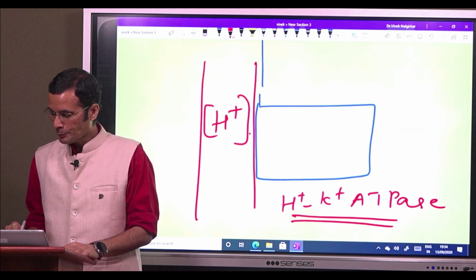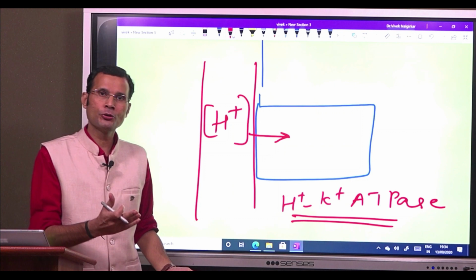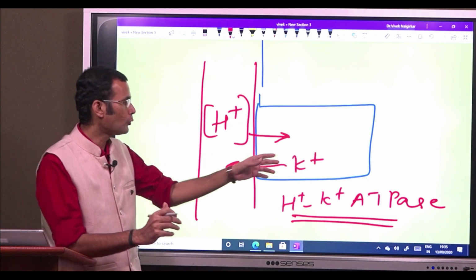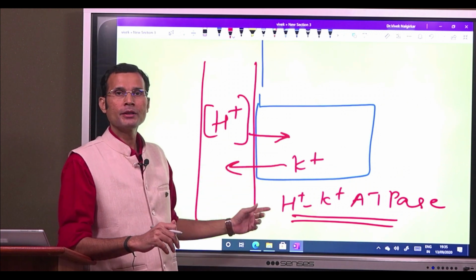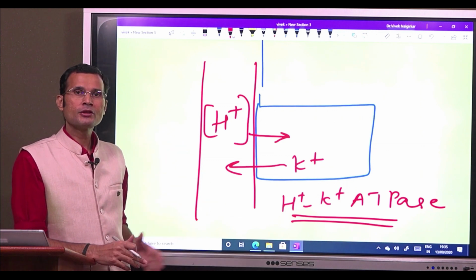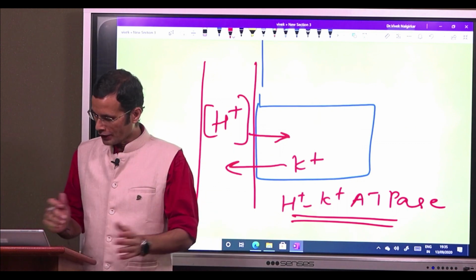Then H plus will be pushed into the cells, and to maintain electroneutrality, potassium will come out of the cells, resulting in hyperkalemia. So, remember, that would be the result of an acid base disturbance on the potassium levels.